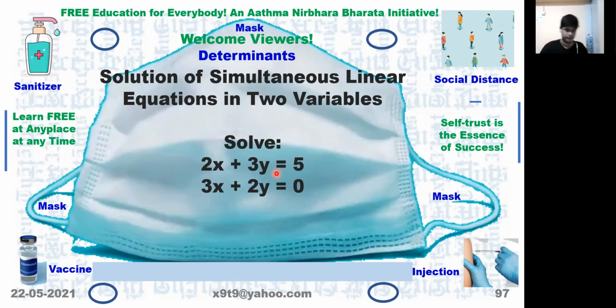So 2 into minus 2 is minus 4, plus 9. Minus 4 plus 9 is equal to 5. Is it equal to the right hand side? Yes, sir, right hand side.